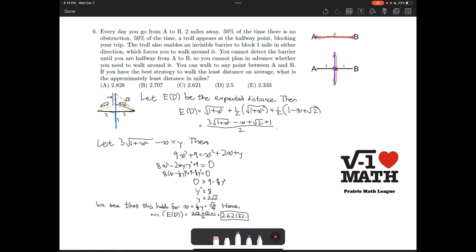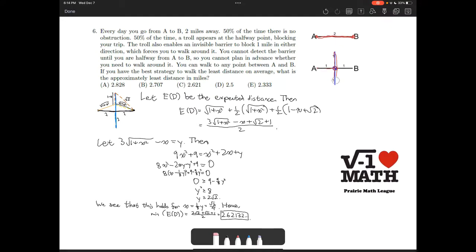Now, there's quite a few ways to solve this, but since we don't know where the barrier is, we have to think of the optimal strategy. One strategy would be to walk this distance, and if there is no troll, then we can walk through, but if there is a troll, then we have to spend a lot of time walking this distance, and this gets a value that is suboptimal.